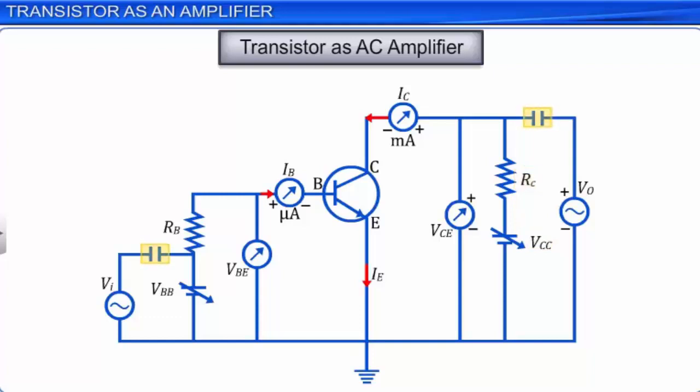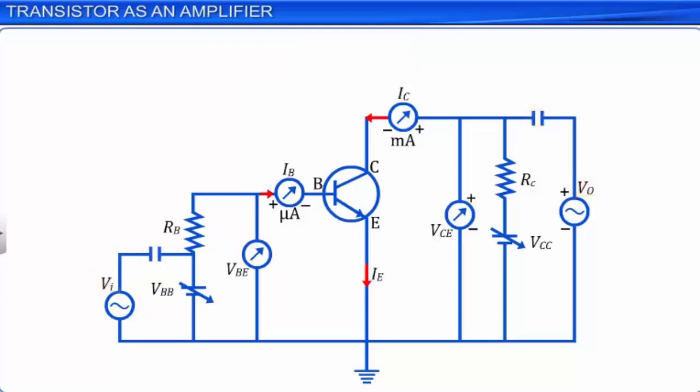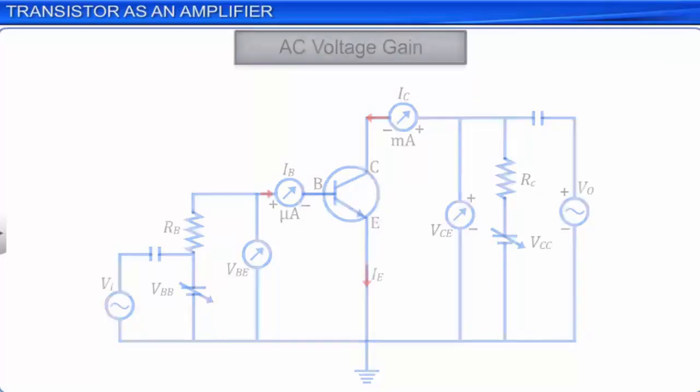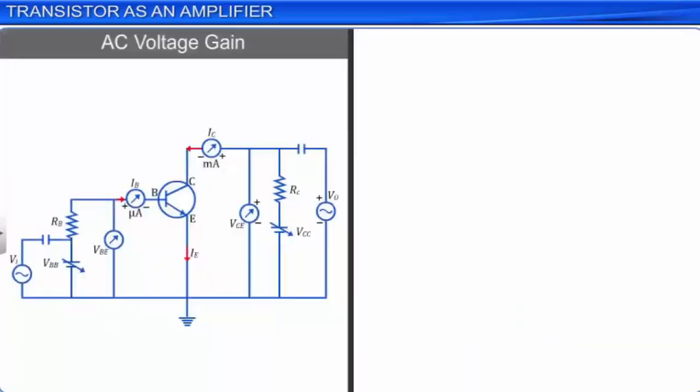Let us now derive an expression for AC voltage gain in the transistor amplifier. Initially, let us assume the input voltage VI is equal to 0, and applying the Kirchhoff's law to the output part of the circuit, we get VCC is equal to VCE plus IC into RC. Let this be equation 3.